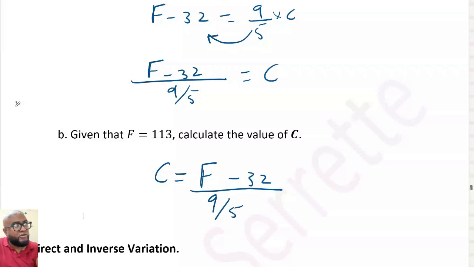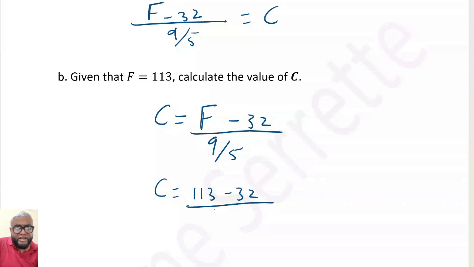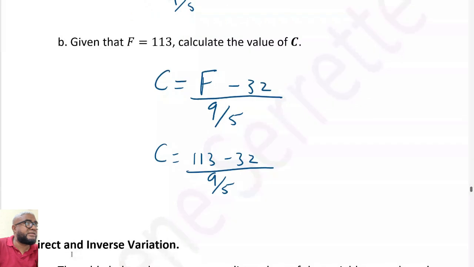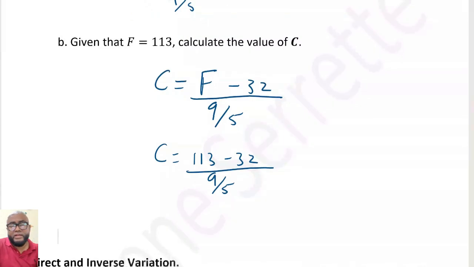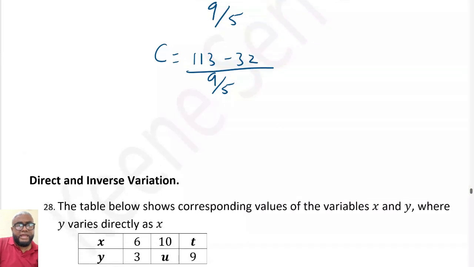So F is equal to 113, right? So let's replace. C is equal to 113, take away 32 all over 9 over 5. 113 minus 32 will be what? Give me that answer there. 81.